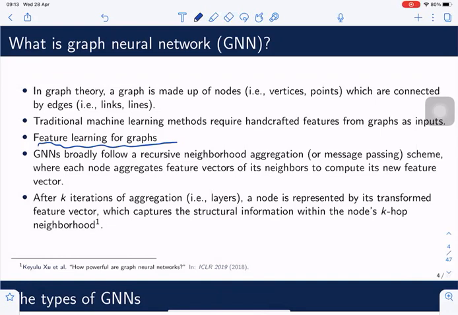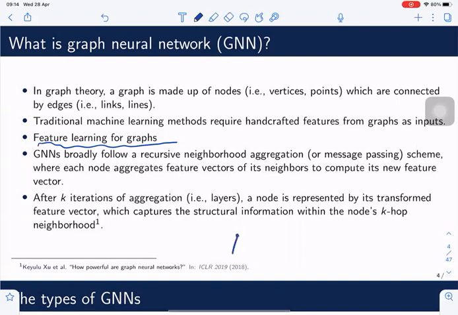GNNs broadly follow a recursive neighbor aggregation scheme, where each node aggregates the feature vectors of its neighbors to compute its new feature vector. Let me give a quick example, because the concept is very abstract.